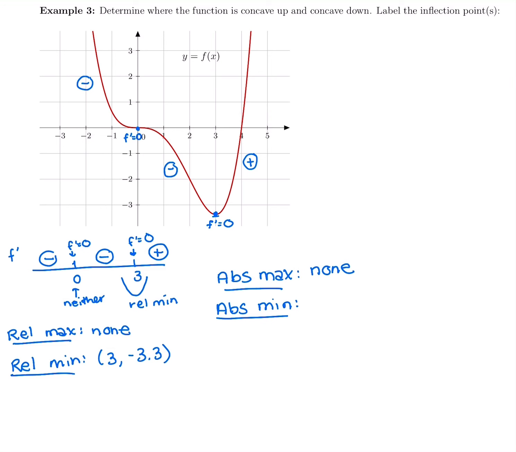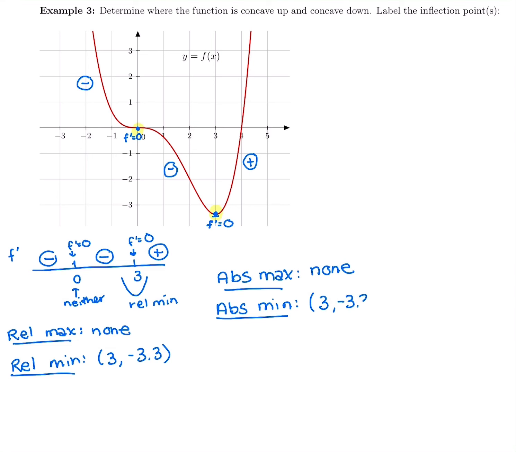For absolute min, comparing my critical numbers to my end behavior, well, this critical number at 3 was a relative min. So I want to take that critical number and compare it to the end behavior. Is it lower than both ends? Well, it's lower than the left side, and it's lower than the right side. So it is lower than both of my end behaviors. So I can call that relative min also an absolute min on the graph.